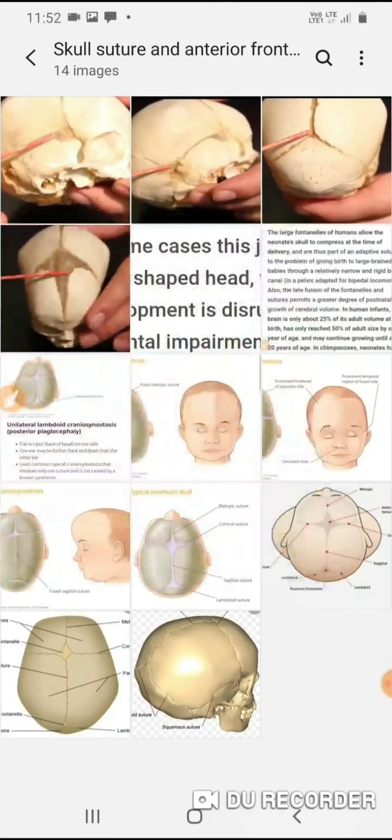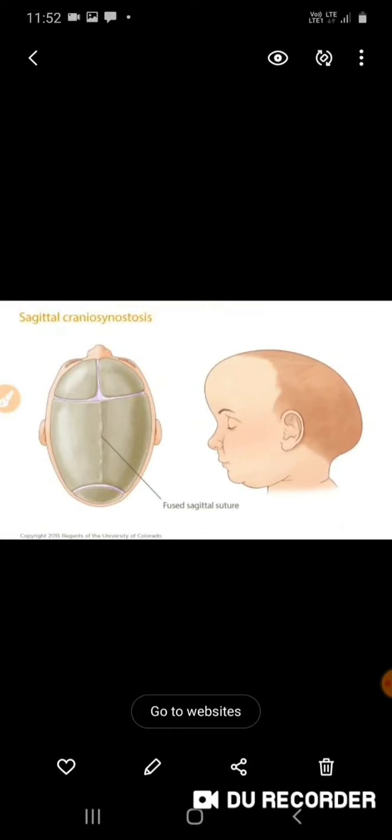So now we are discussing what kind of abnormality of the shape of the head.